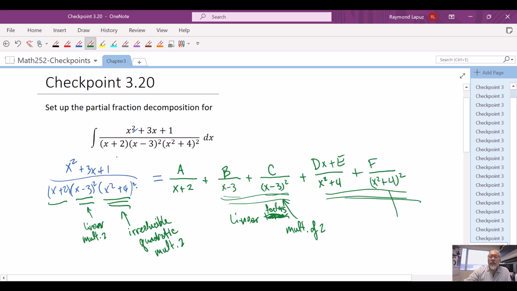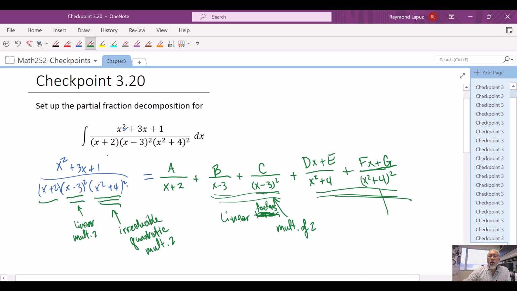So the next linear term would be Ex plus F. And we don't consider this as a fourth degree factor, because this is a quadratic that has multiplicity 2. So because it's a quadratic, the numerator remains linear.